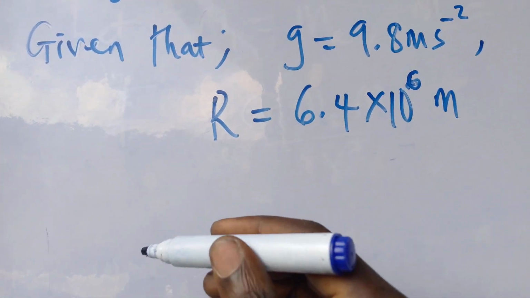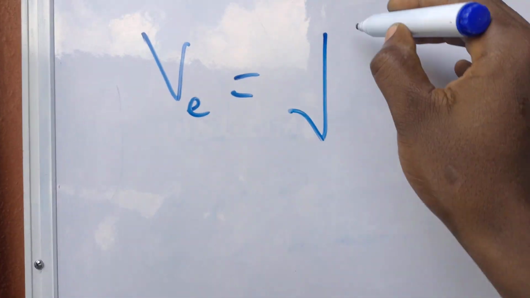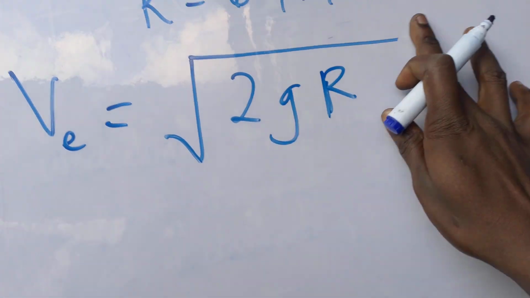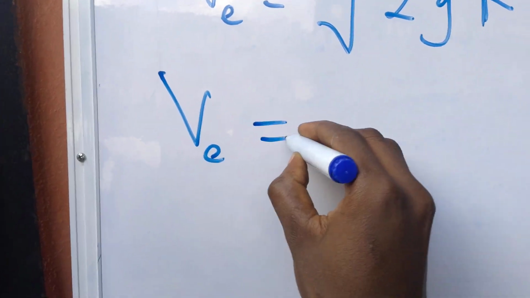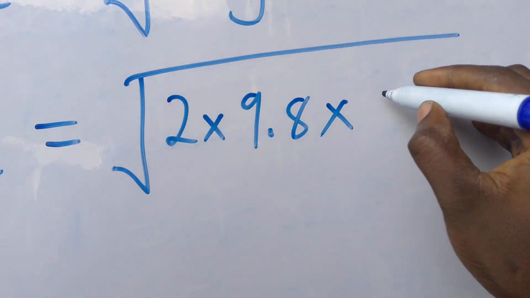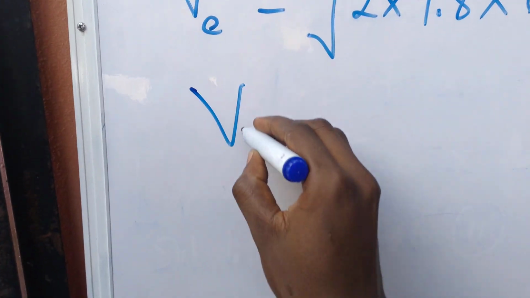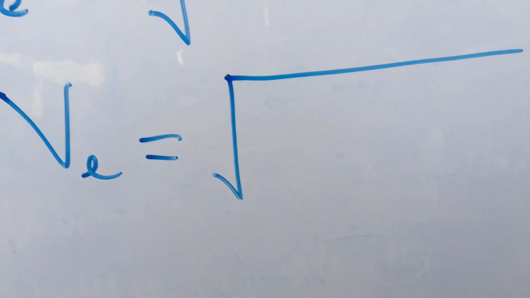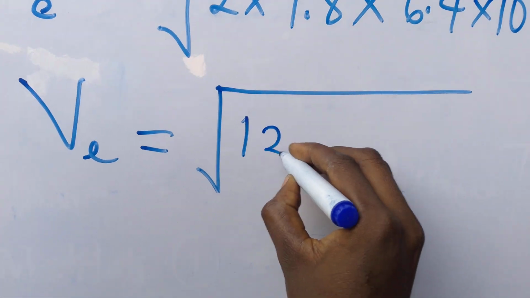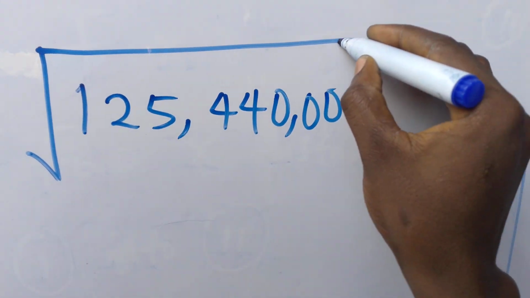So we then look for the escape velocity. My escape velocity is Ve equal to the square root of 2gR. By substitution, I have that Ve is equal to the square root of 2 times 9.8 times 6.4 times 10 to the power 6. When I multiply this, it gives me 125,440,000.